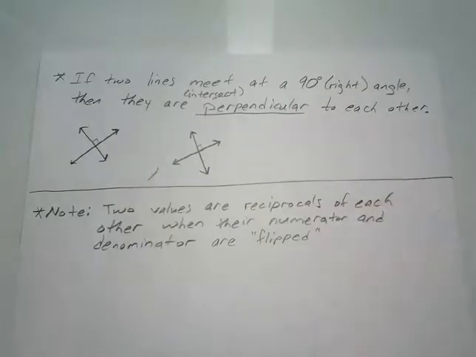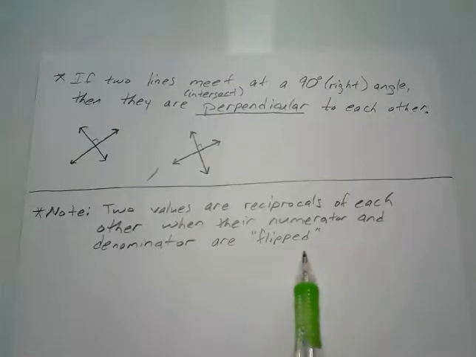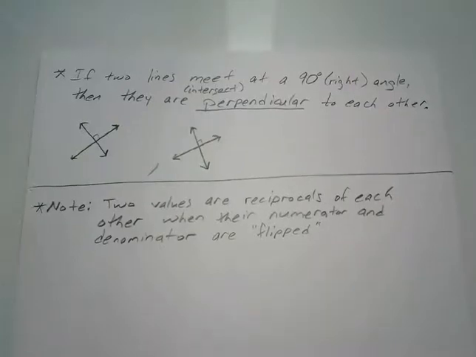The actual definition is that when you multiply two reciprocal values together, their product equals 1. But in this case, we just need to know that they're flipped.